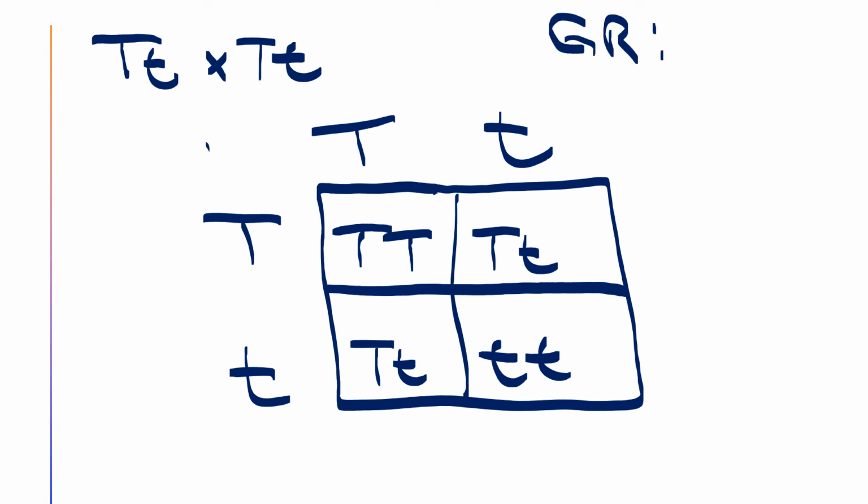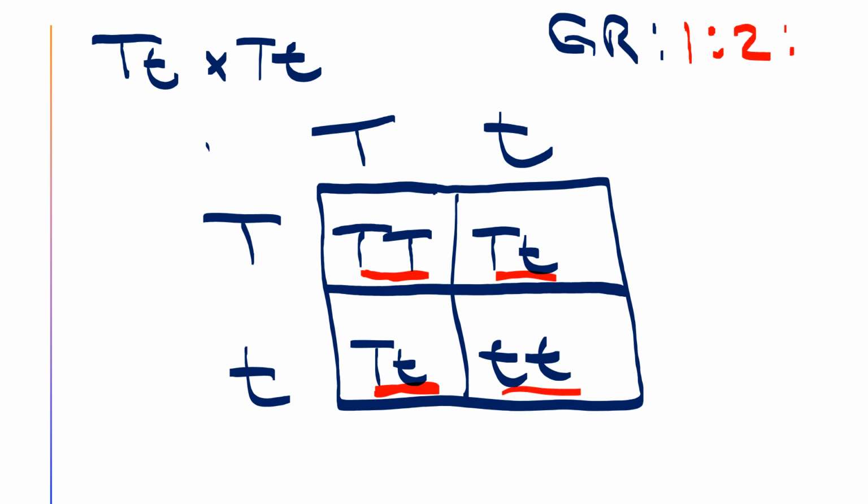With genotypic ratio, you look at the letters, and you want to see how many boxes have these letters. So we're going to start here with big T, big T. There's only one box that has big T, big T in it, so up here we're going to put a 1. We then go to the next box. There are 2 boxes that are big T, little t.